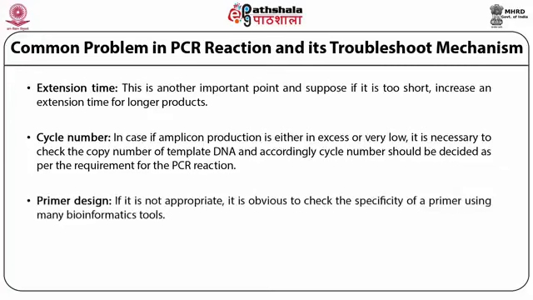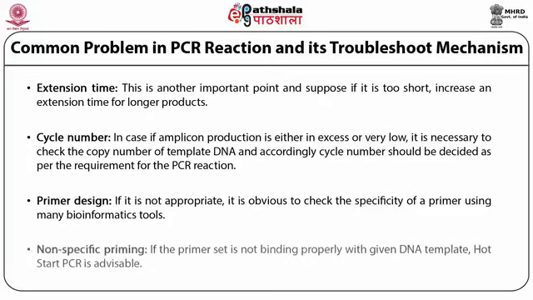The primer designing, as I already explained, can be done with the help of bioinformatic tools, or you can also do it manually, but make sure you keep in mind the primer length, GC content, annealing temperature, and inhibition of the primer dimer. Come to the last point, that is non-specific priming. If the primer set is not binding properly with the given DNA, sometimes hot start PCR is advisable. So these are the different troubleshooting points during the PCR.